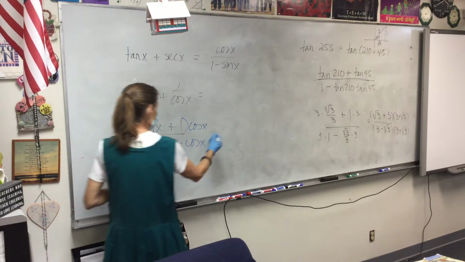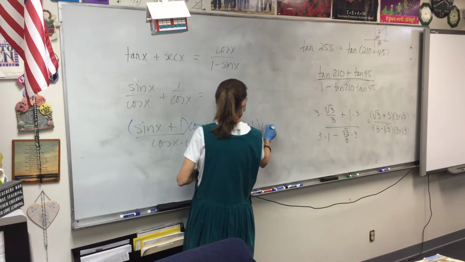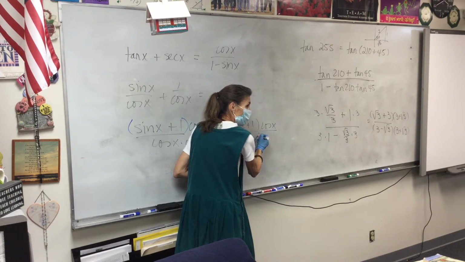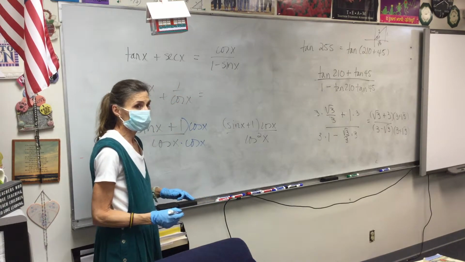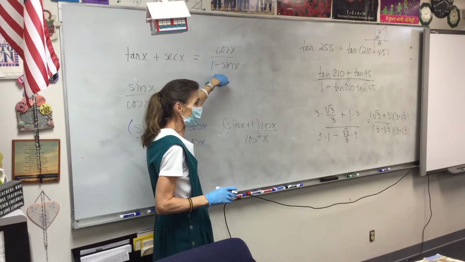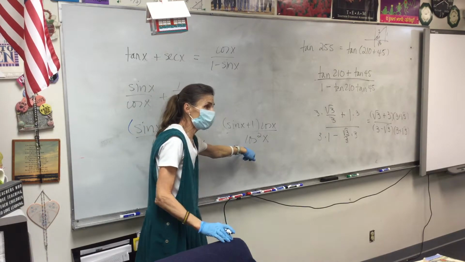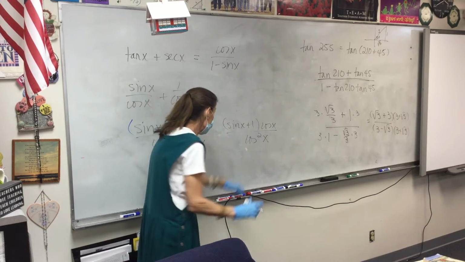Now, that leaves me with sine plus 1 times cosine over cosine squared. Okay, now wait a minute. Cosine squared. I need sines in the bottom. Can I turn a cosine squared into a sine? Yes.